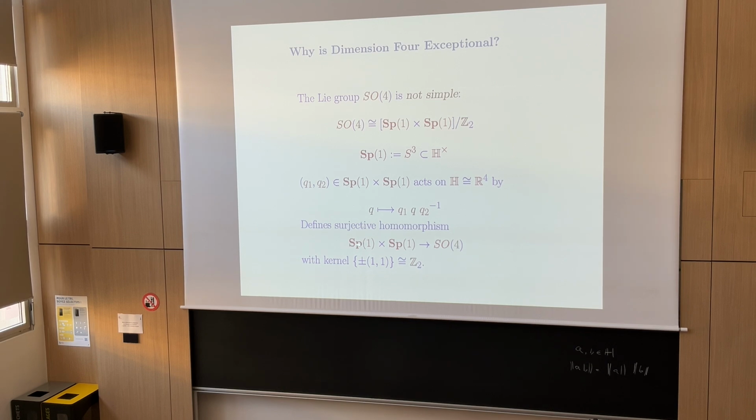And since this is compact, it's actually surjective. And if you multiply on one side by -1, and multiply by the inverse of -1 on the other side, that's the identity map. So the kernel of this map from SP1 times SP1 to SO4 is Z mod 2.